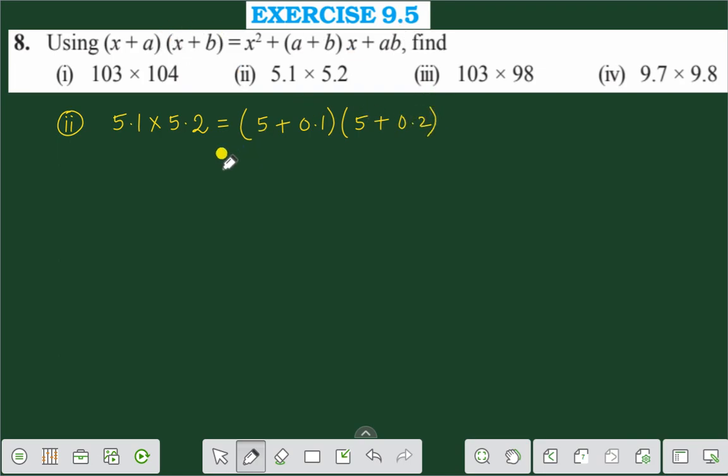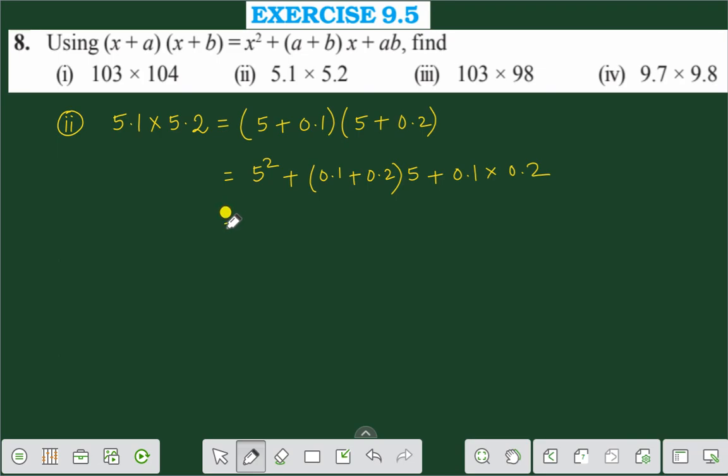And we will use this identity: x square is 5 square, plus (a plus b), that is 0.1 plus 0.2, into x, x is 5, plus ab, which is 0.1 into 0.2.